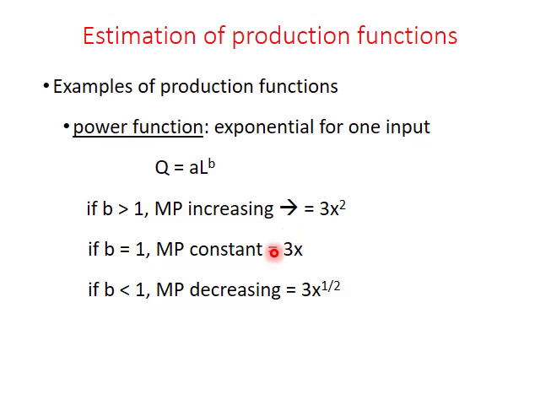So when we differentiate this one, it will be 3. So it is constant. Marginal product is constant. And when it is less than 1, that is 1 over 2, when we differentiate this one, this will be 3 over 2.